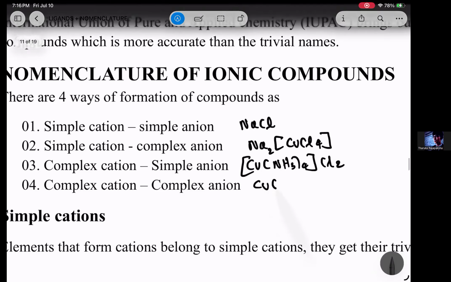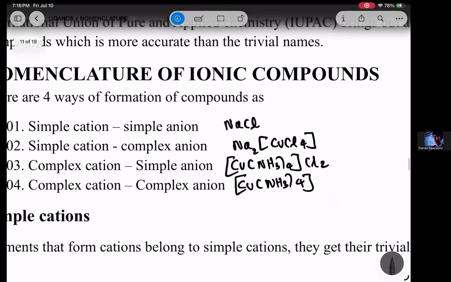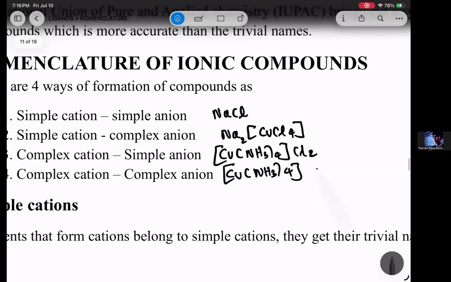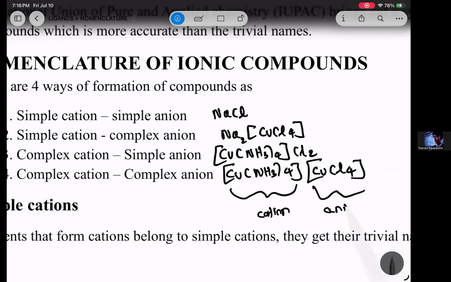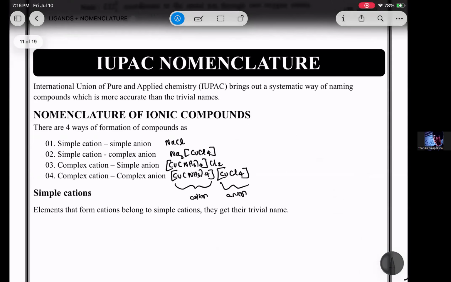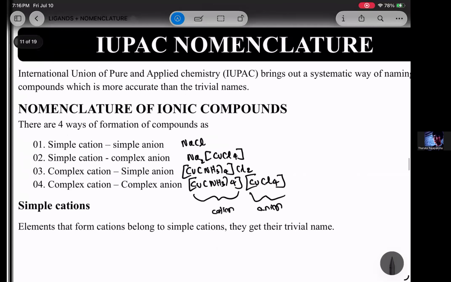For example, copper, ammonia, 4, and then it will join with CuCl4. So this is the cation part and this is the anion part. Complex cation and complex anion. Write this in small letters, right?